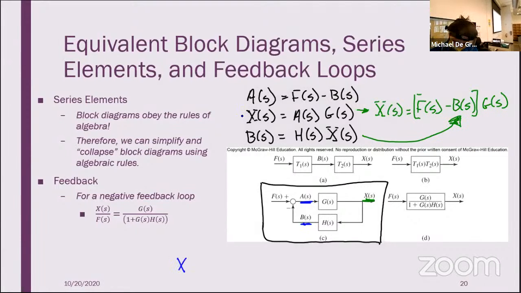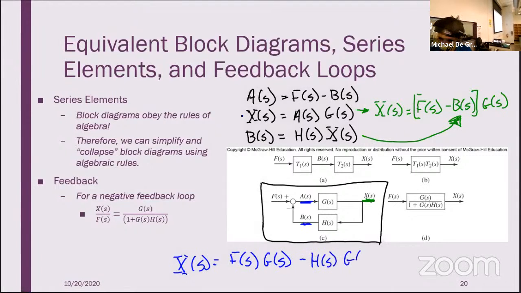If I do that, I get X of S is equal to F of S times G of S minus H of S times G of S times X of S. Okay, and I've run out of room.